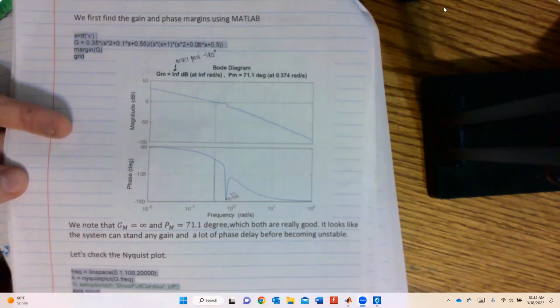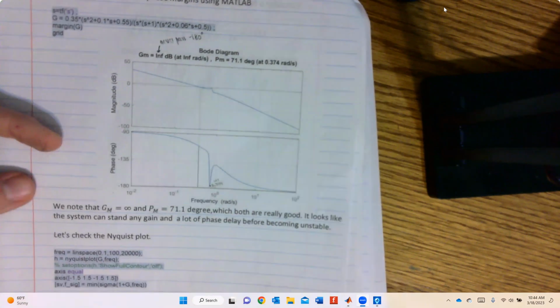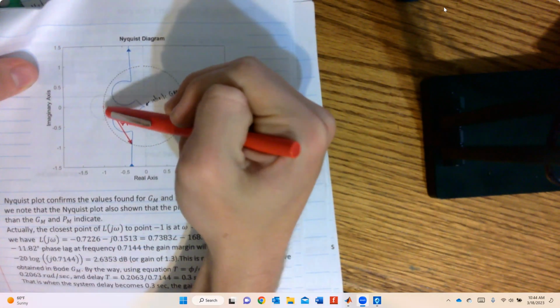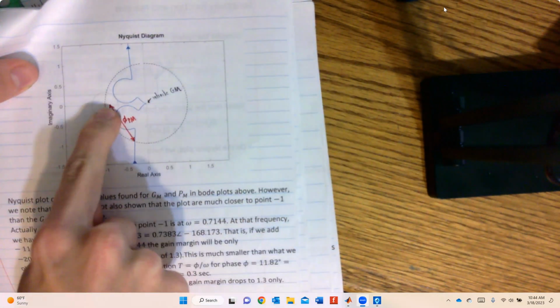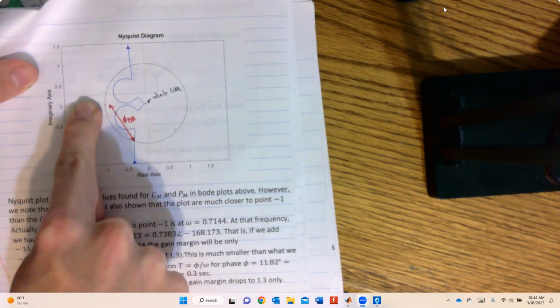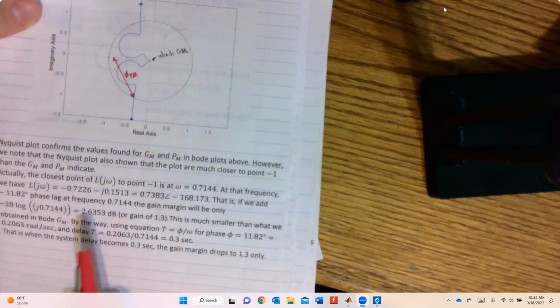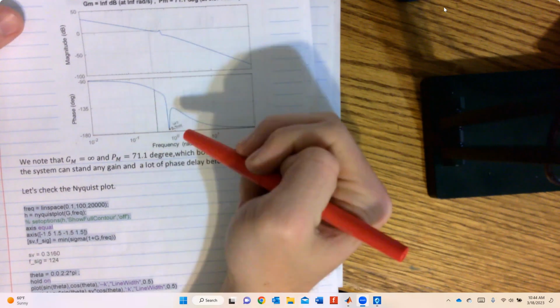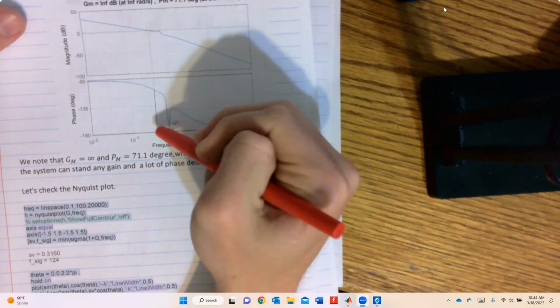But when we look at our Nyquist plot, what we're going to see is that if you move it up a little bit, this point is going to intersect with here. And if we apply some gain, we'll pass the -1 point. What this is trying to tell you is that right at this specific frequency, your system is close.